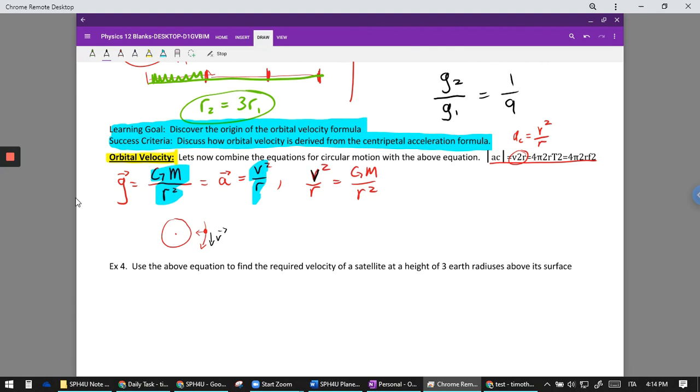And so basically, if we simplify for this value, we get V squared equals GMR over R squared. And now, essentially, look, this R cancels with one of those. And so the actual formula is going to be V equals the square root of GM over R, okay?